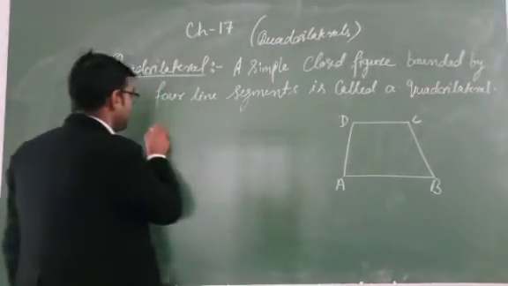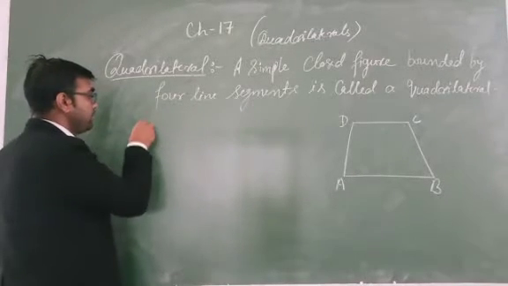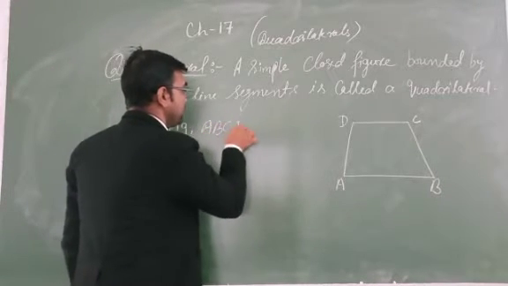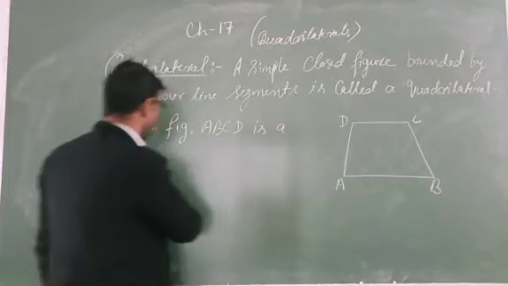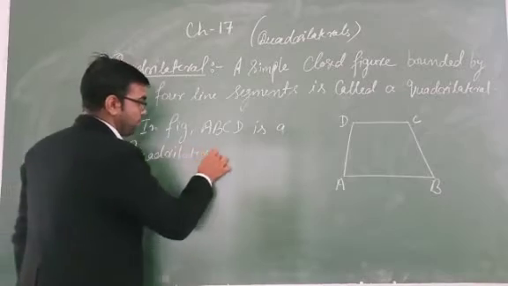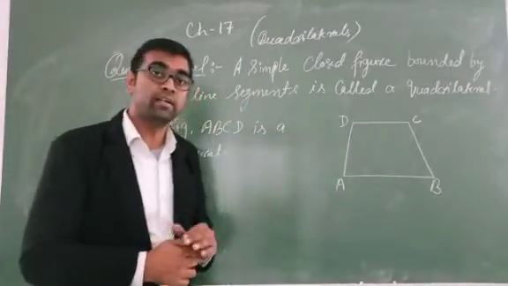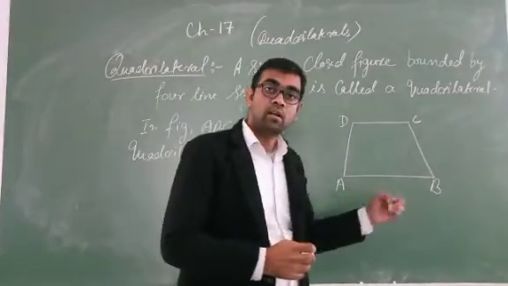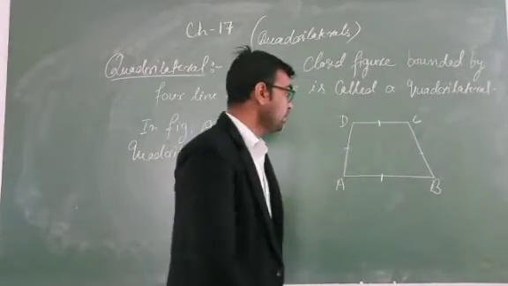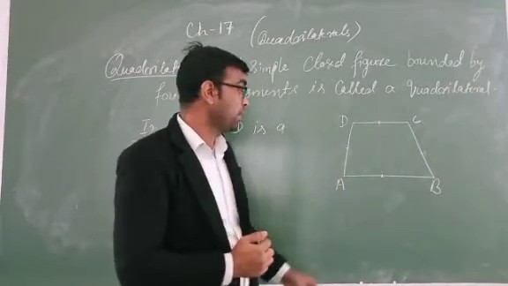You can say that in the figure, ABCD is a quadrilateral and it has four sides. How many sides? Four sides: 1, 2, 3, 4. So in a quadrilateral there are four sides, four vertices and four angles.